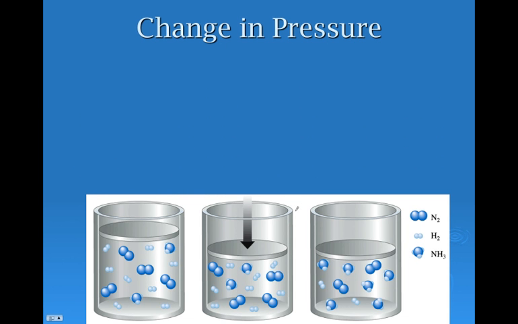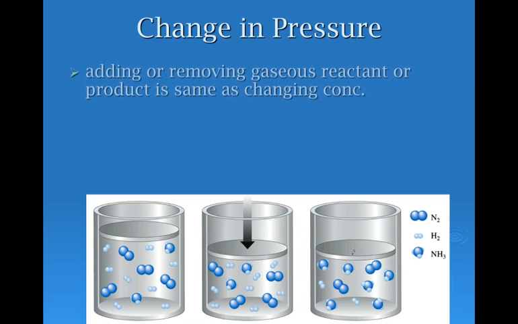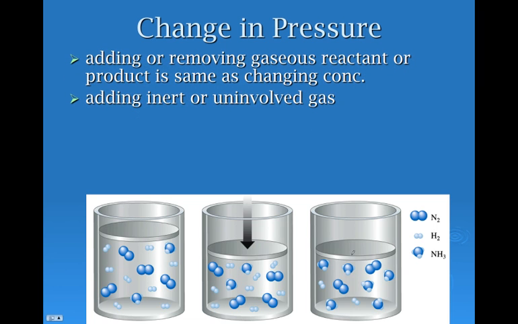The piece that is the most difficult is talking about pressure and volume. If you increase the pressure, you decrease the volume, which means it's going to go to the side with fewer molecules of gas. In this reaction, you see that we have a lot of moles of gas, but the side with fewer molecules is going to be the NH3.